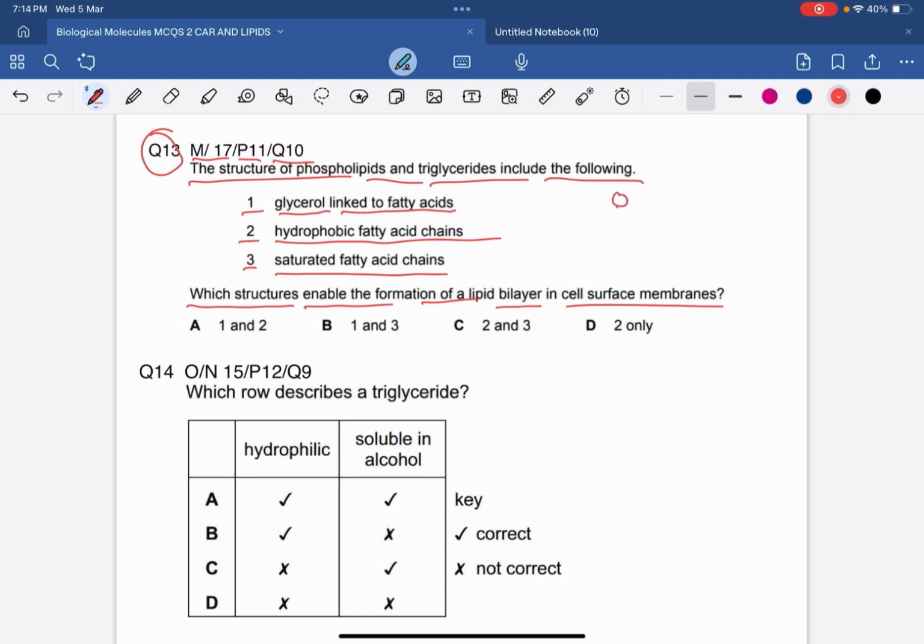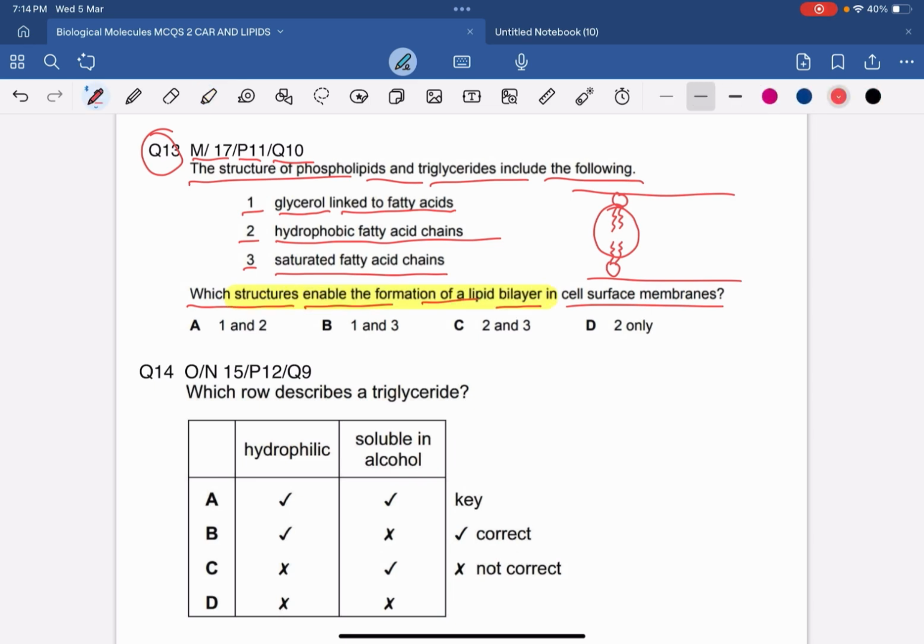So basically this is how a lipid bilayer is formed, by the combination of two phospholipid molecules, right? In the phospholipid molecules, the two hydrophobic fatty acid chains basically face towards each other. So they are asking which of these structures enable the formation of the lipid bilayer.